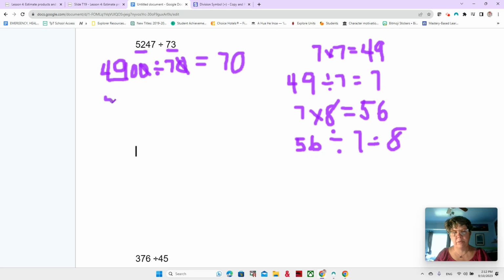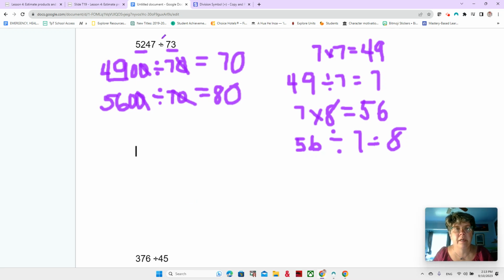So could we do 5,600 divided by 70, okay, equals 8. And we can get rid of 1 0 there. So we have 1 0 left. That's 80. Okay, so we're not rounding now. So don't think about, whoa, she's not rounding correctly, right? We're not rounding. We're using friendly numbers that are easy to divide. We're using our fact families, okay?